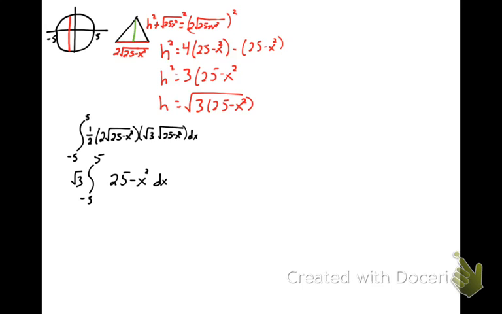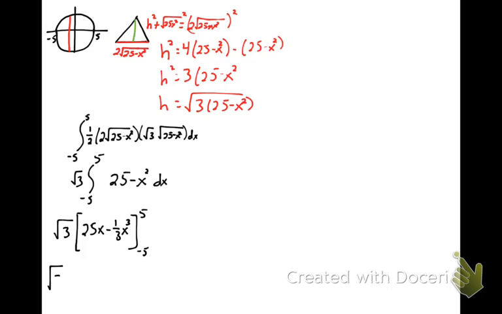When I integrate, I'll have the square root of 3 times 25x minus 1/3 x cubed from negative 5 to 5.